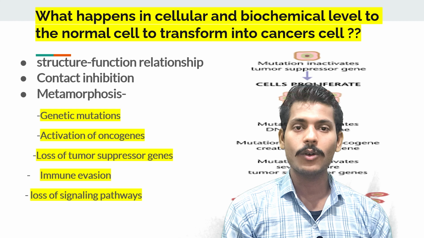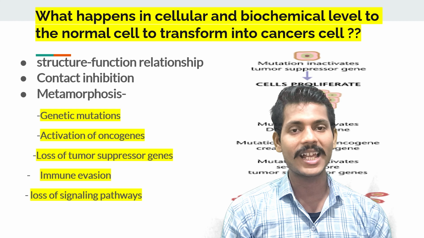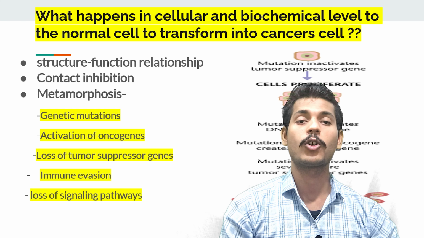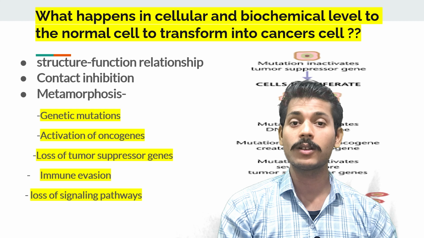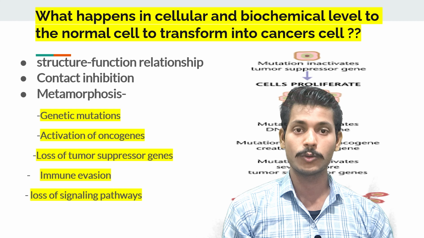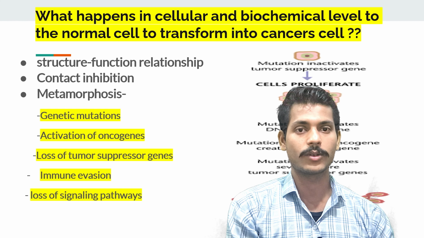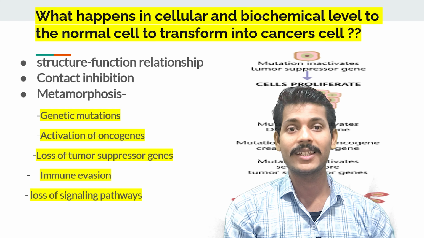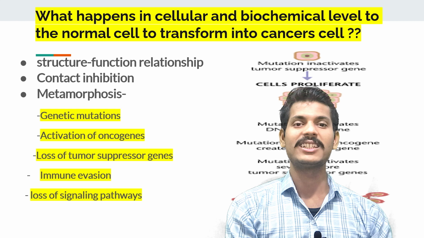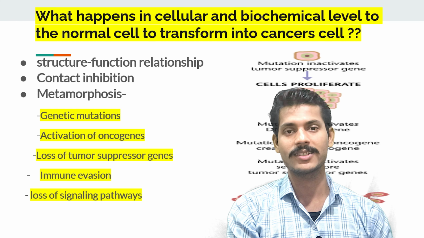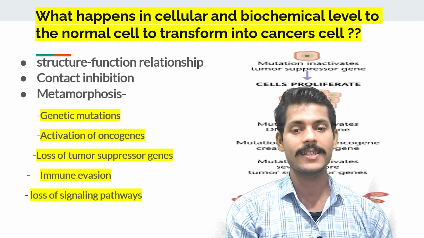These proto-oncogenes control abnormal growth and regulate the cells to not become cancerous. Whenever there is any disturbance in their function, the proto-oncogene changes into an oncogene, and this oncogene is a cancer-causing gene.